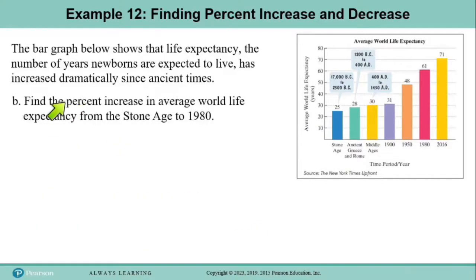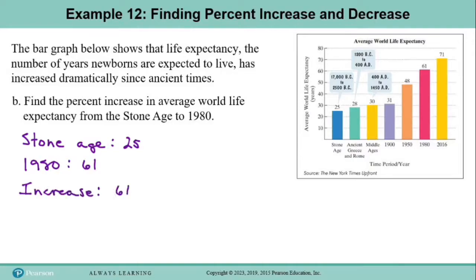Then for Part B, same chart, find the percent increase in the average world life expectancy from the Stone Age to 1980. And so we still have that the Stone Age average life expectancy was 25, but for 1980, the average life expectancy was 61. And so the amount of increase is going to be 61 minus 25, which is 36.